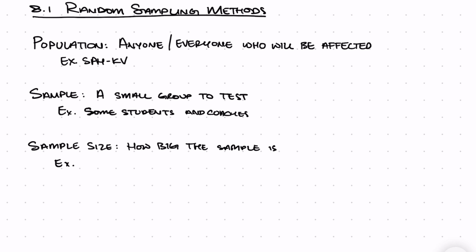So maybe I just need to test out, let's say, 30 students. And for the teachers, maybe I will test out 10 teachers. All right, so about 40 people in total. So you see how now we have the population, who's anyone who will be affected, the sample, who's the small group you're going to test out, and the sample size is how big you want that group to be.